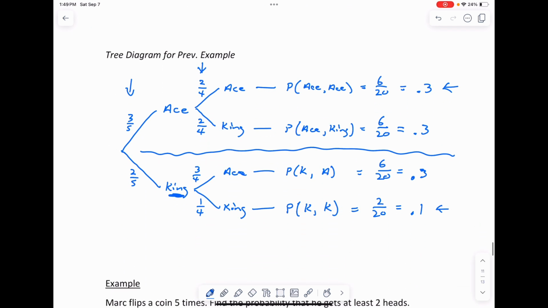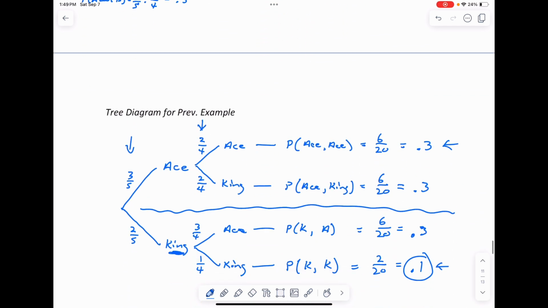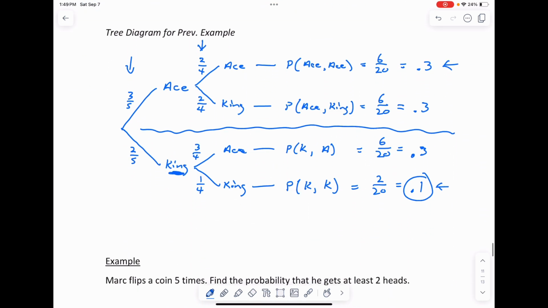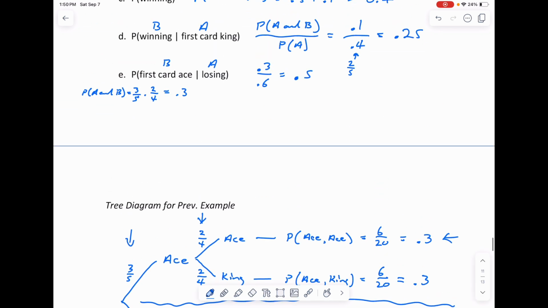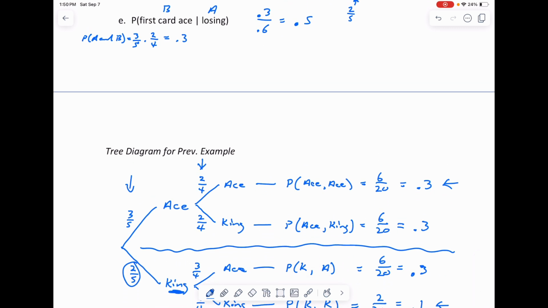Well, winning in that bottom half is a 0.1, and then divided by the probability that the first card is a king. Well, in this case, we have to go back to that 2/5. We have that 0.1 and that 0.4. So the tree diagram, it's not a perfect model. It's not going to just shout out all the answers to you, but it does help to organize and start to see where these numbers are coming from, and might make some of that math just a little bit easier.